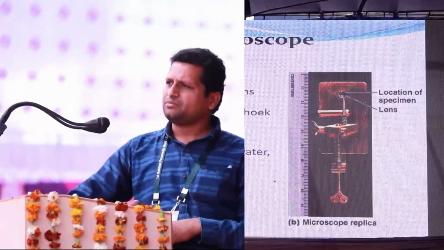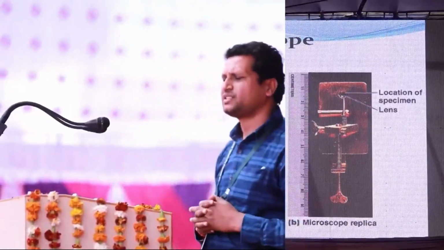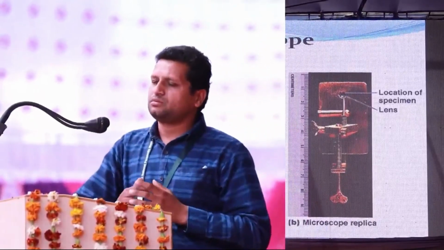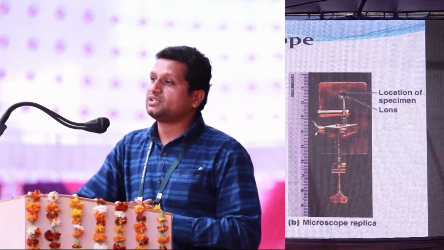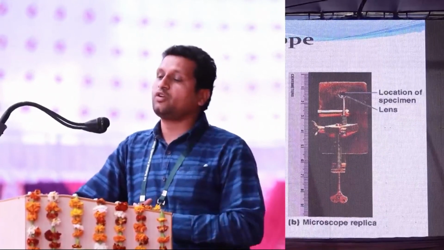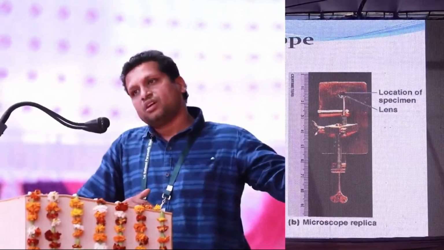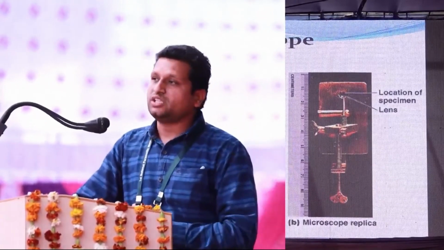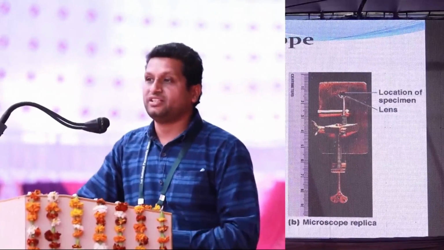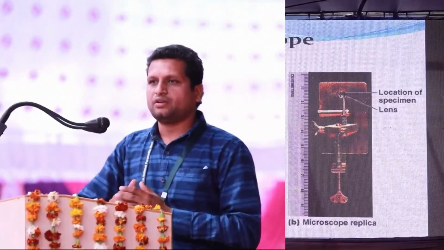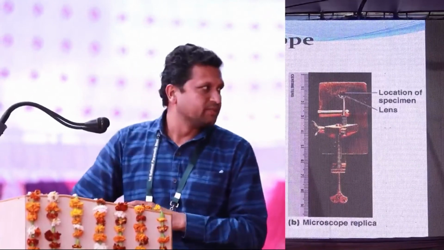At that time, technology was not this much advanced. People who had some unusual observations wrote letters to the Royal Society of London. And whatever he observed in the 16th, 17th century is still valid and is appreciated by microbiologists even these days.